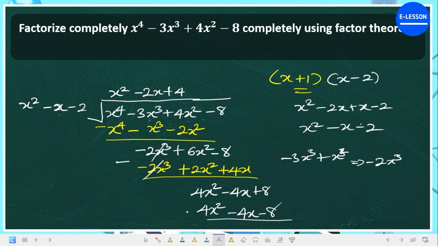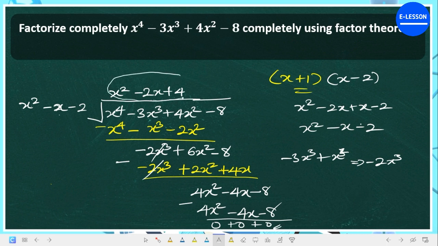And then when you subtract everything here, this will give us 0. Minus 4s minus minus 4s is plus, which will give us 0. Then here is supposed to be plus 8, so minus 8 plus 8 will also give us 0.